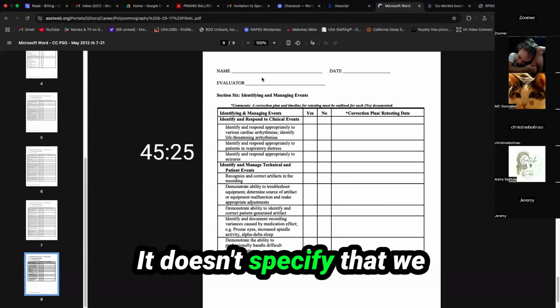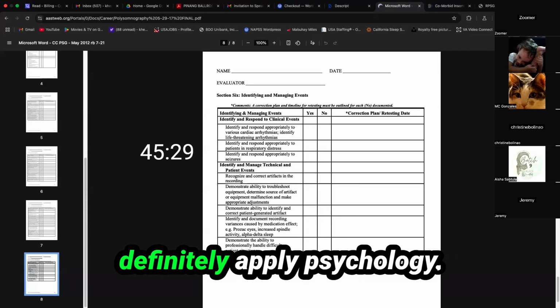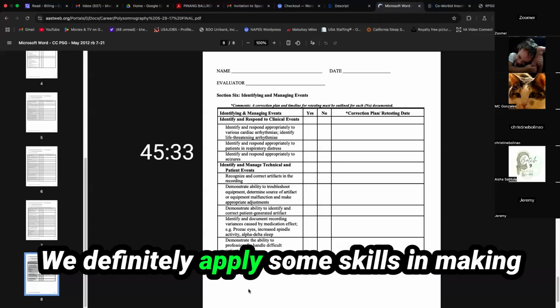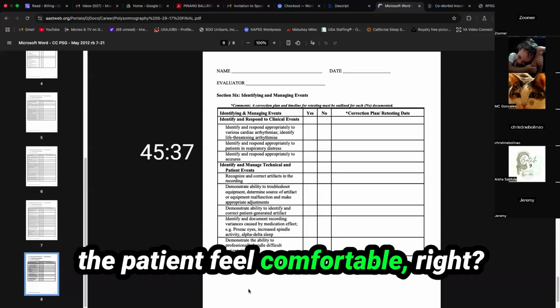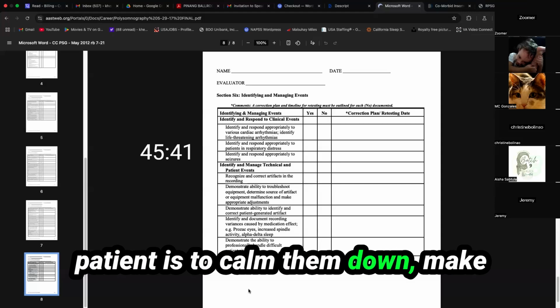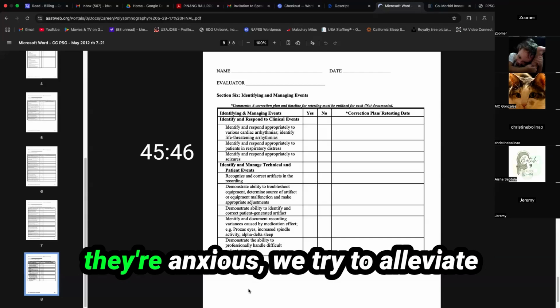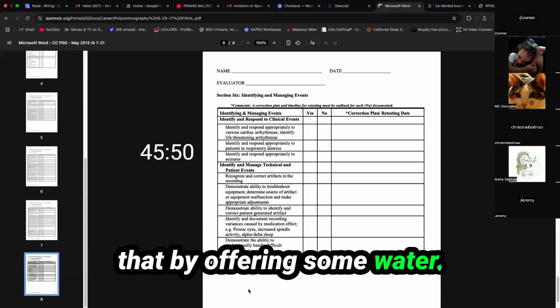When you go to the examination and when you study on how to be a sleep tech, it doesn't specify that we will be psychologists, but we definitely apply psychology. We definitely apply some skills in making the patient feel comfortable, right? Some of the things we do for the patient is to calm them down, make sure that they are not anxious, or if they're anxious, we try to alleviate that by offering some water.